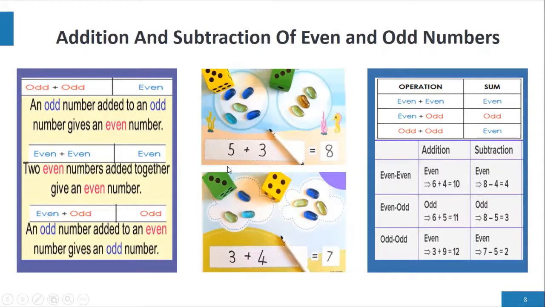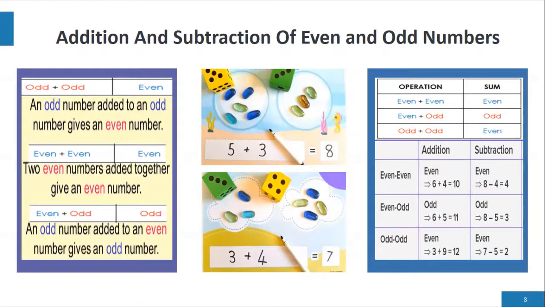5 plus 3. 5 is an odd number, 3 is also an odd number. Whenever we add, the result would be even. 3 plus 9, this is an odd number and this is also an odd number.